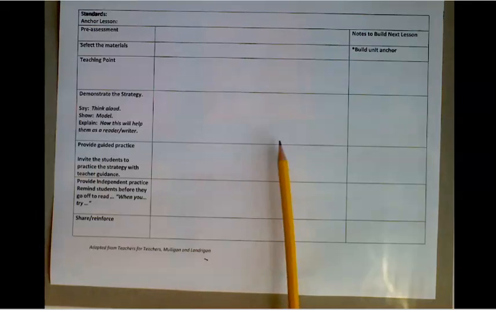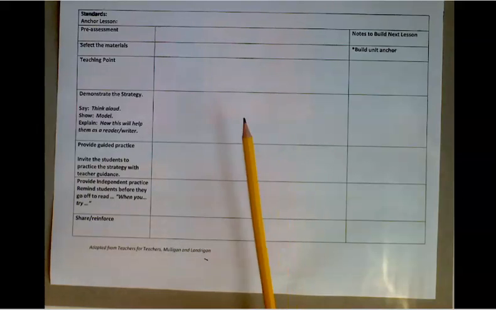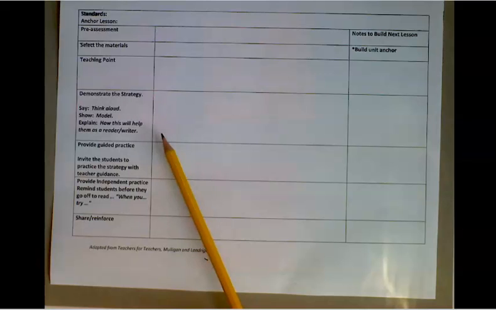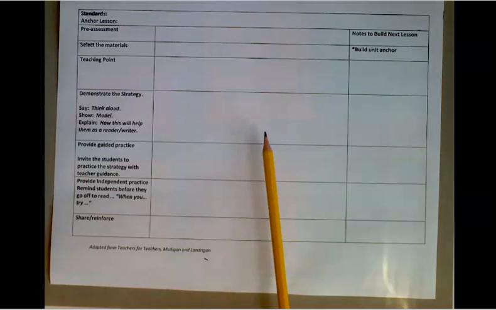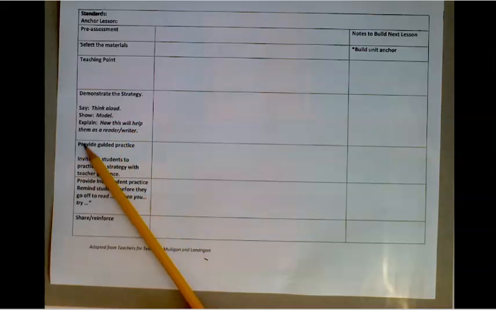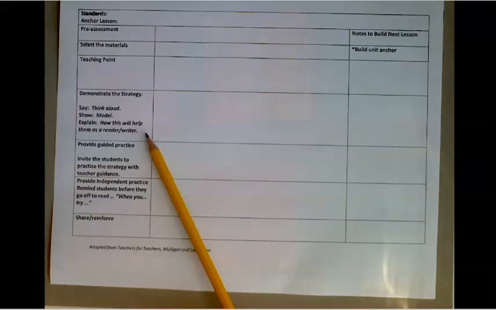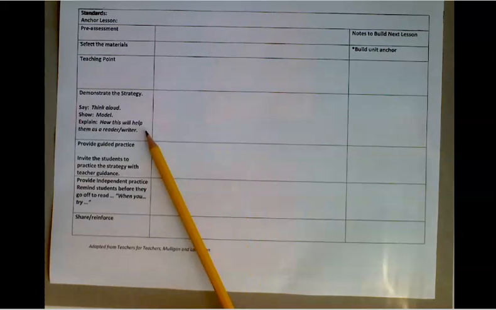So even though we might be talking about some literary elements or identifying characters' feelings in one text, we'll want to say to them, "Today and every day, when we think about a book, it's important for us to think about characters and how they're feeling so we can really understand how they will make connections with the problem or solve a problem." So in this part of your lesson, as you're modeling, you really want to be clear on how what you modeled will help them every day as a reader and a writer.